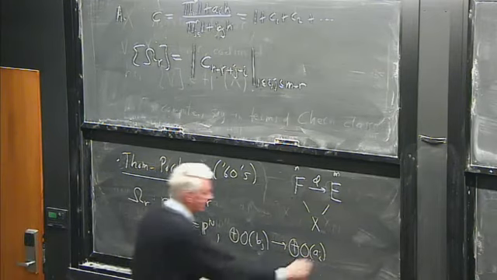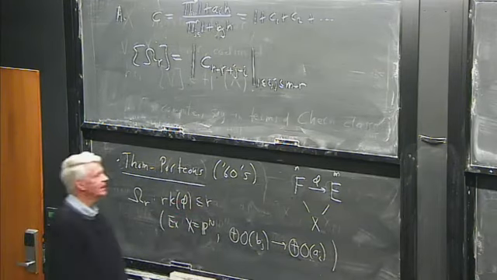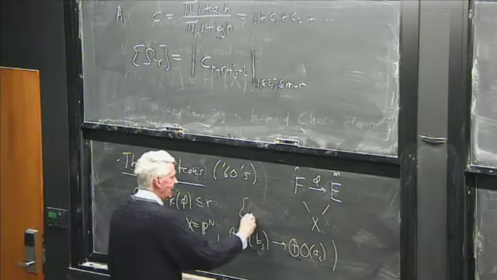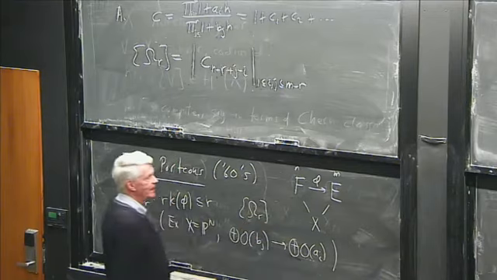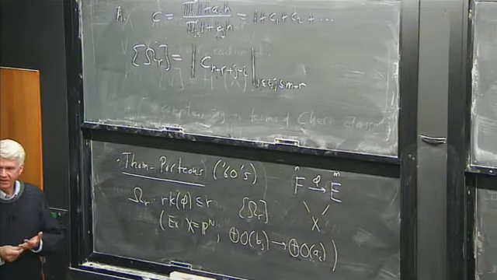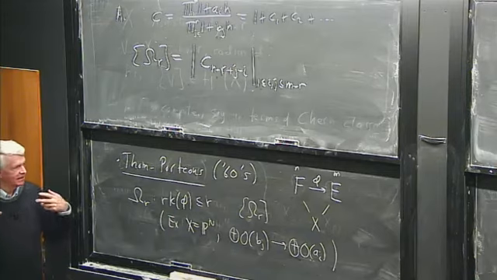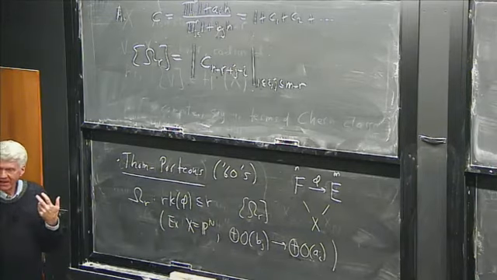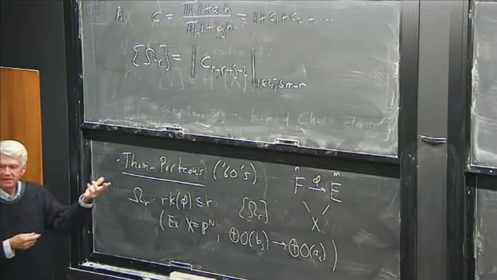Right? And Thom looked at this and he wanted to find a formula for the class of this thing in the cohomology. And he said there must be a formula for this in terms of the Chern classes of E and the Chern classes of F. Okay? And why is that? Doing this is compatible with pulling back. And there are universal places where you find bundles.